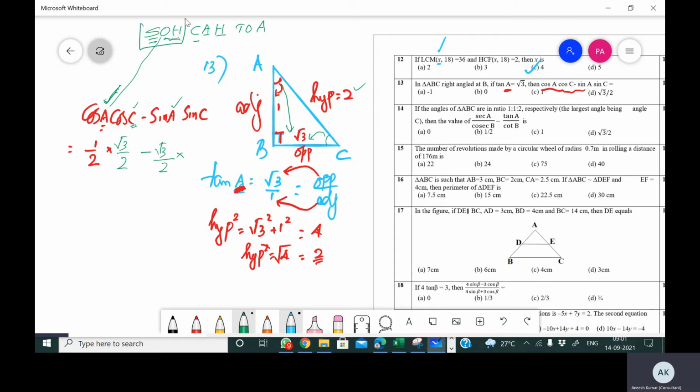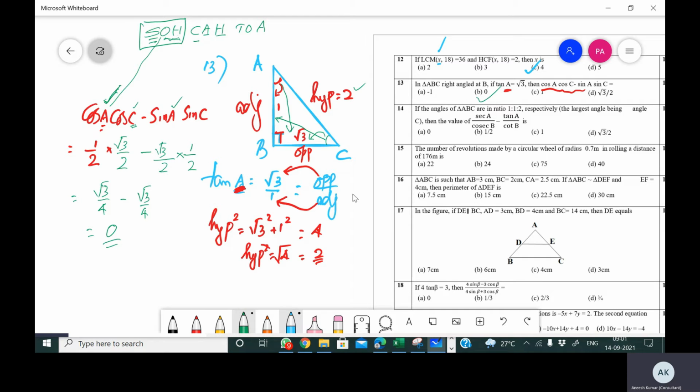So opposite to C is 1 by hypotenuse is 2. So you will get root 3 by 4 minus root 3 by 4. So the final result is 0. So this is the option.